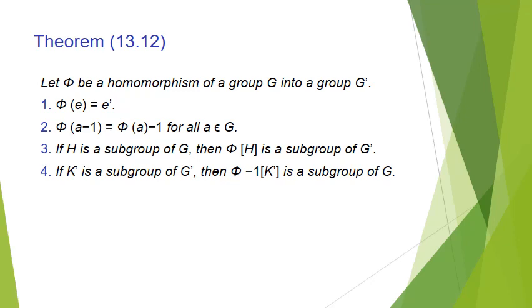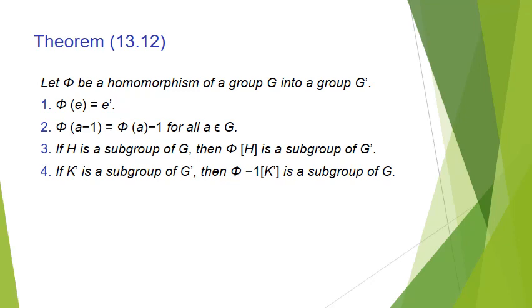So now let's go to our theorems. We have four theorems here. Let P be a homomorphism of a group G into a group G prime. First theorem: P(e) is equal to e prime.